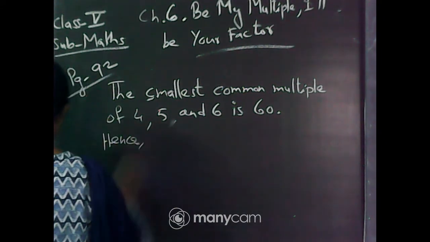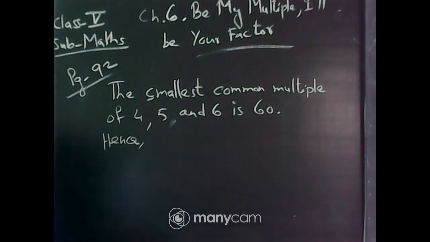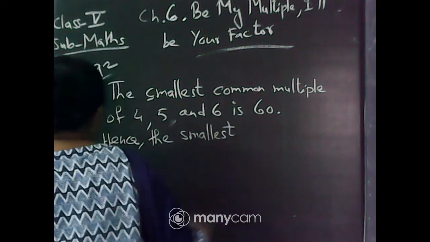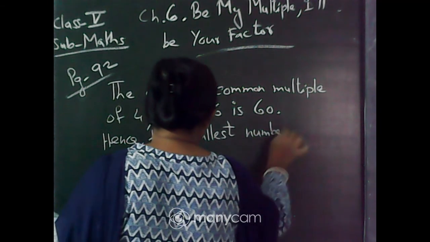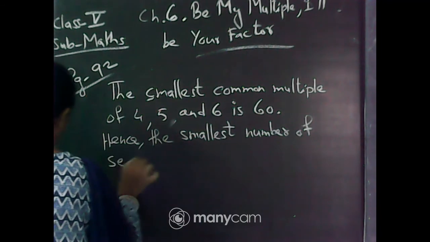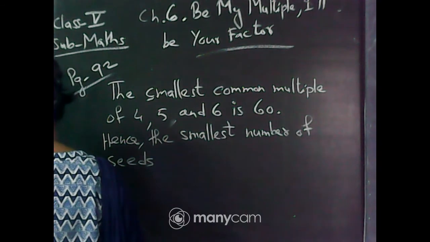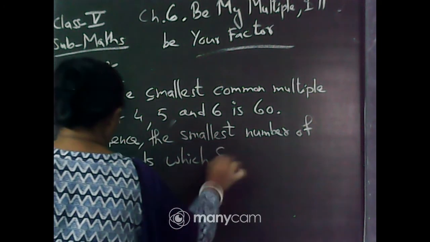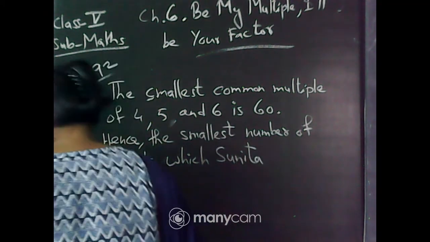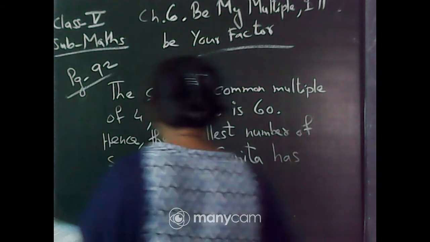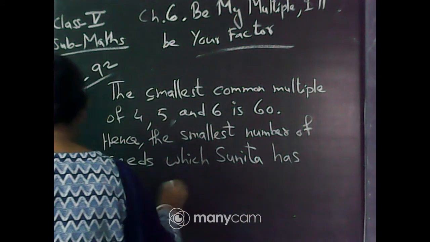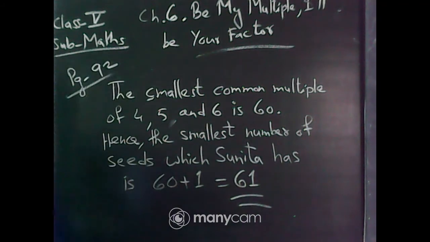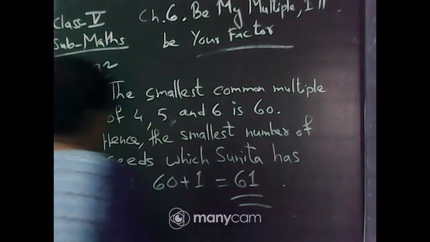Hence, the smallest number of seeds which Sunita had is 60 plus 1, that is 61. Okay, 61.